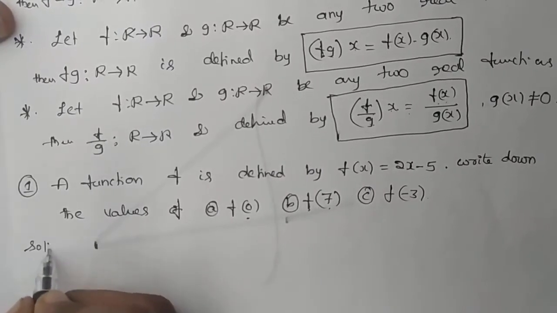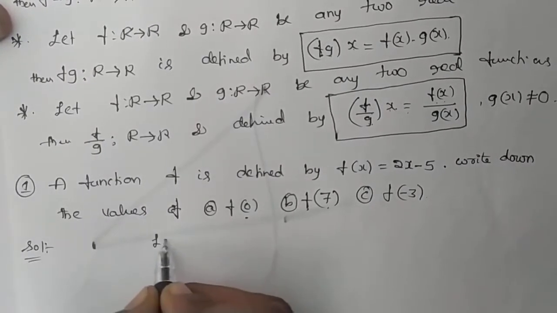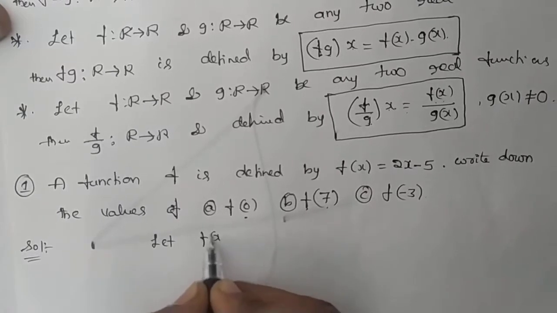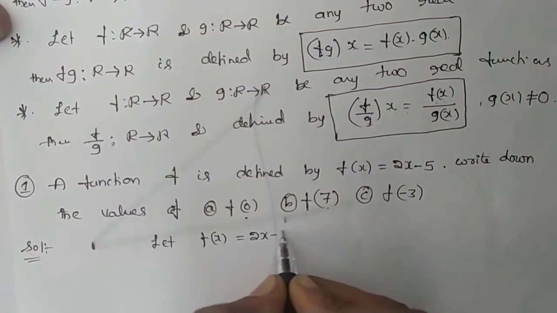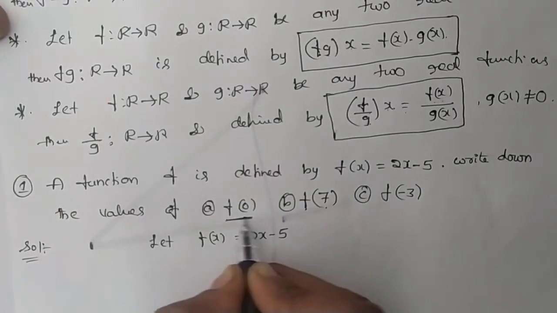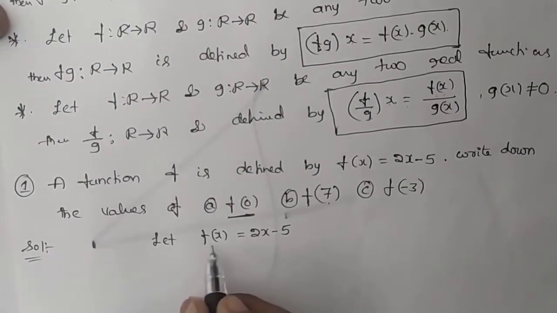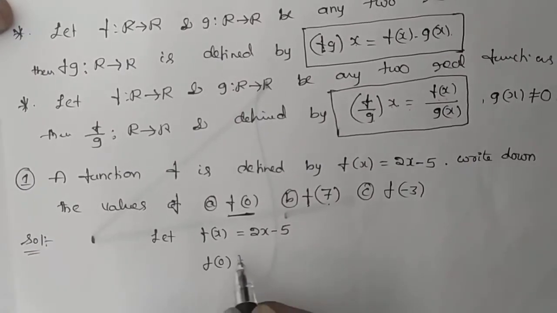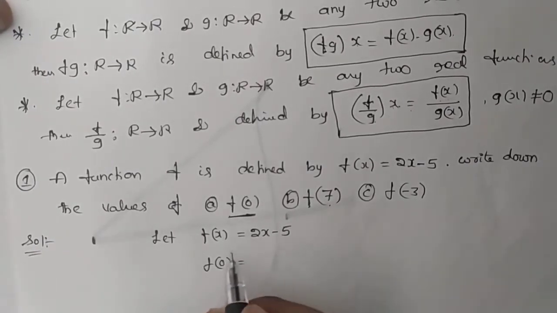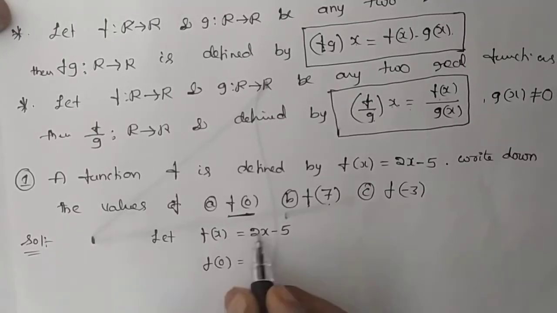Solution. First write down the given function. Let f of x equals the given function, 2x minus 5. Let us find out the value of f of 0. You just substitute the value of x in this function.